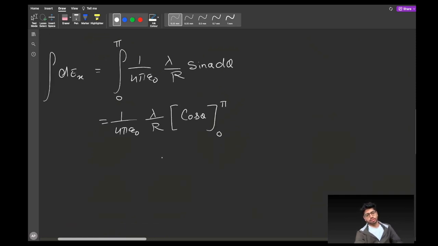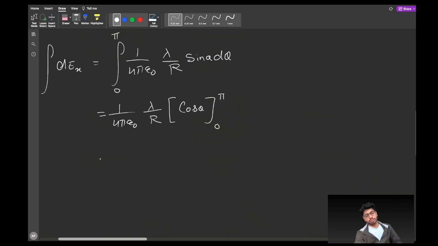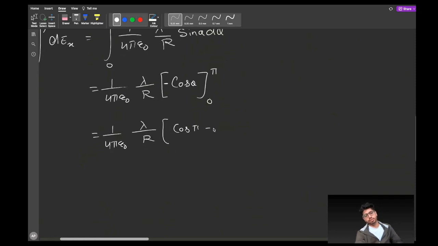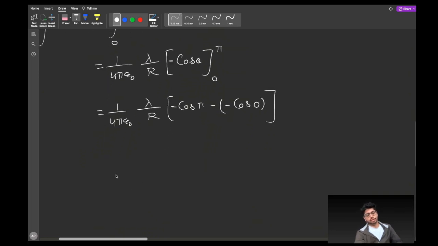Correct? So that is the x component I'm solving right now. That is 1 by 4 pi epsilon naught, upper limit, minus, that is minus sign, sorry. The integration is minus cos theta. That is minus cos pi and minus minus cos 0, and you have to plug in over there.